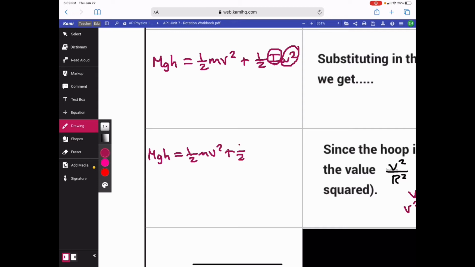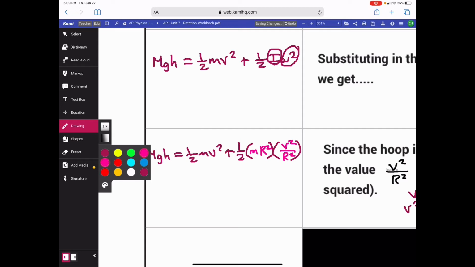So I have 1/2, and then in place of I, we're going to put mr squared. And in place of omega squared, we're going to put v squared over r squared.